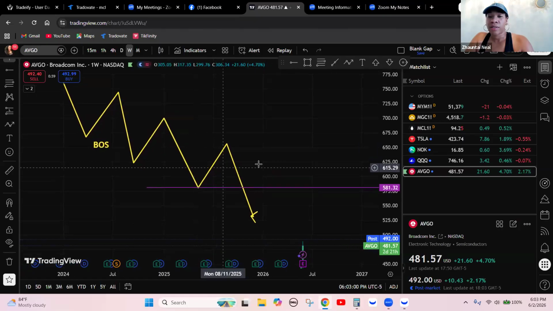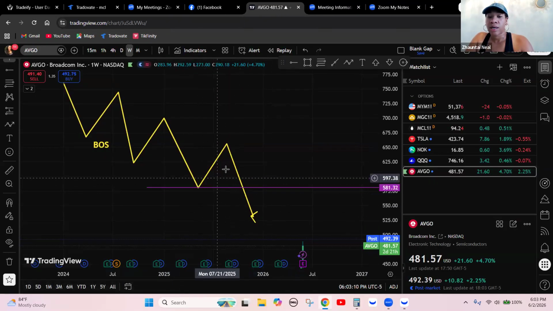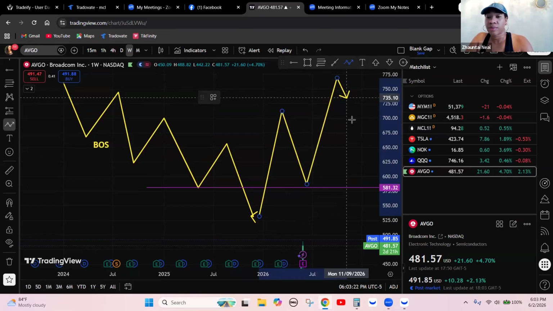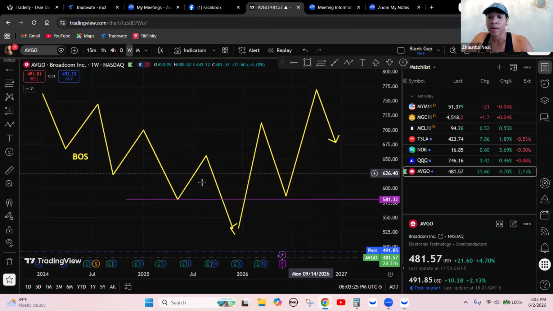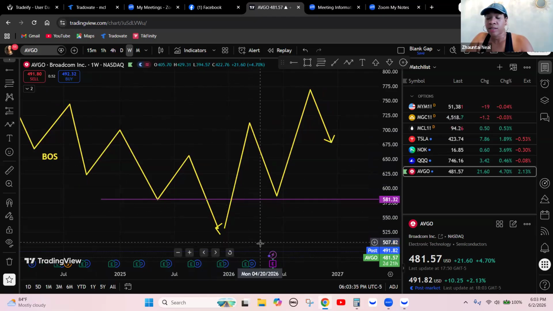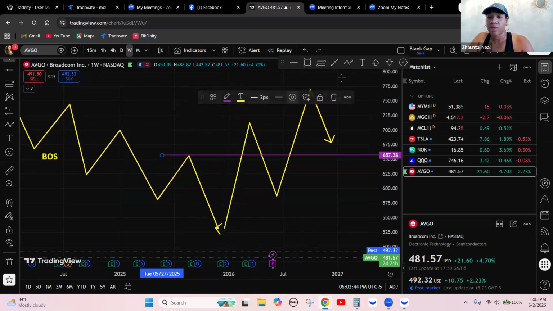When we talk about change of character, that would imply that instead of just a regular pullback, we indeed had a break of that last high, which would change the direction of our trend. Okay, so now instead of it respecting the previous high and just coming up and giving us a pullback and then continuing down, this time it went beyond our previous high, giving us a change of character.